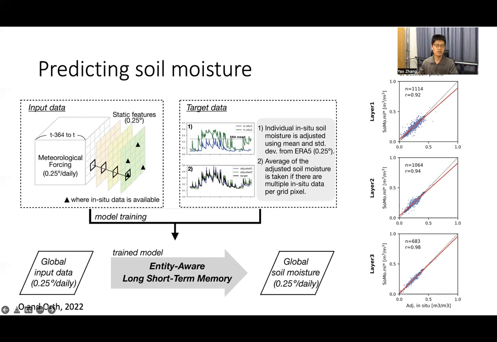This is a very similar model to what we presented for the GPP prediction, but it uses the entity-aware LSTM that considers spatial static information such as land cover types and soil types, both of which are very important for the soil moisture model. The trained LSTM is used to generate a global continuous soil moisture dataset, which shows very good performance.